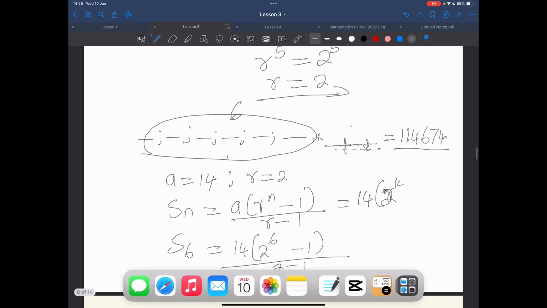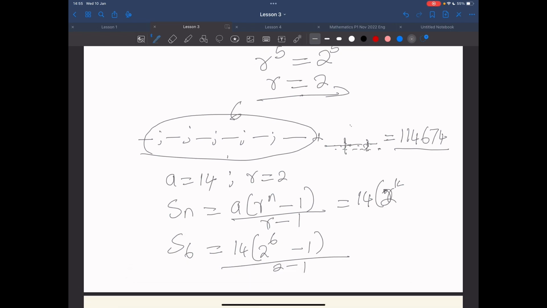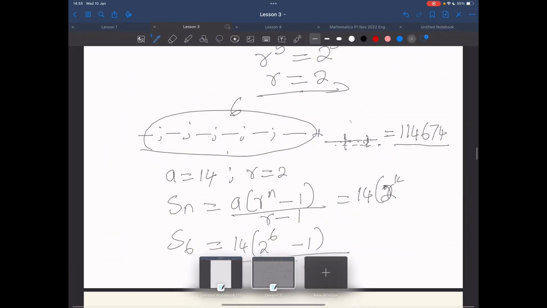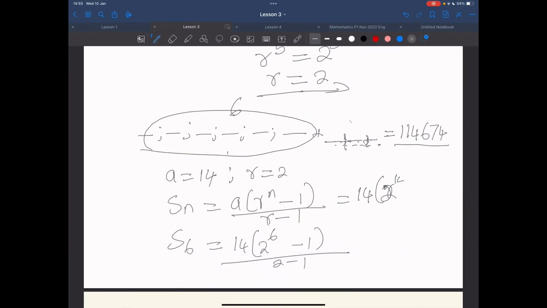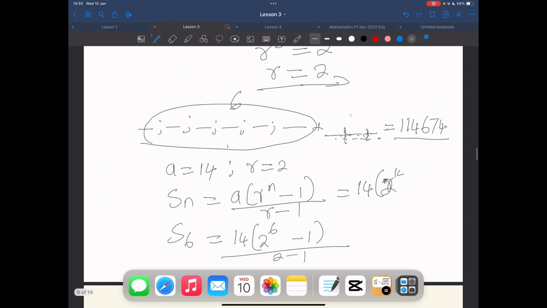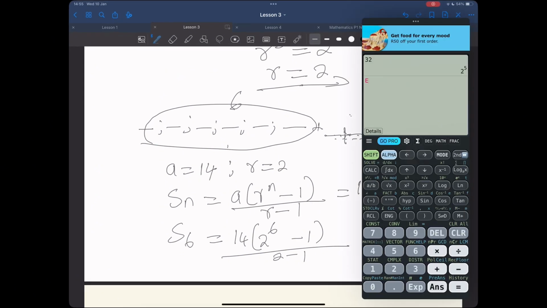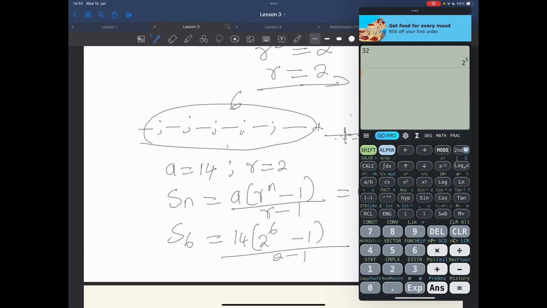Right, so we can use our calculator to get the answer there. So we have 14 into 2 to the power of 6. Then we press the arrow there. Then we have minus 1.